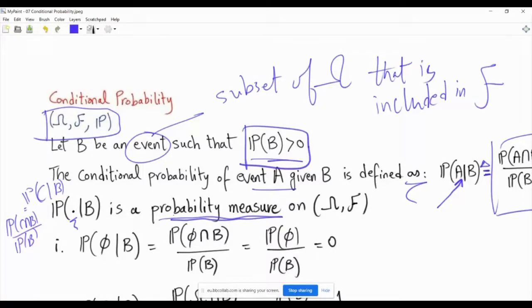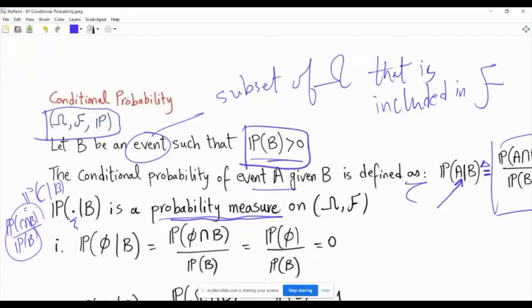So the idea is that you can start with some probability measure, and then you can derive a new probability measure called the conditional probability measure, by picking some subset that is in the sigma algebra, and such that its probability is strictly positive. We can define this new probability measure, which is computed as the probability of the intersection divided by the probability of B itself, which is the element that we condition on.